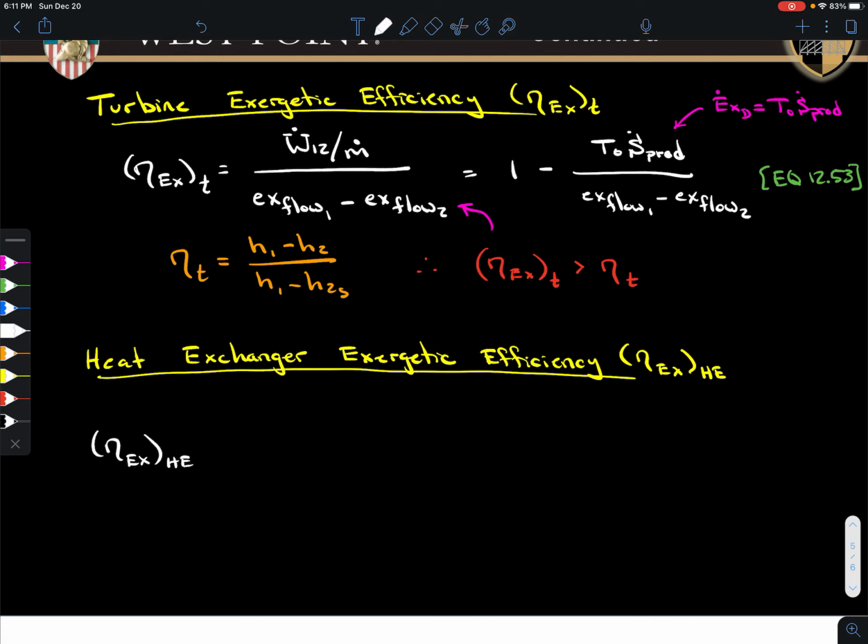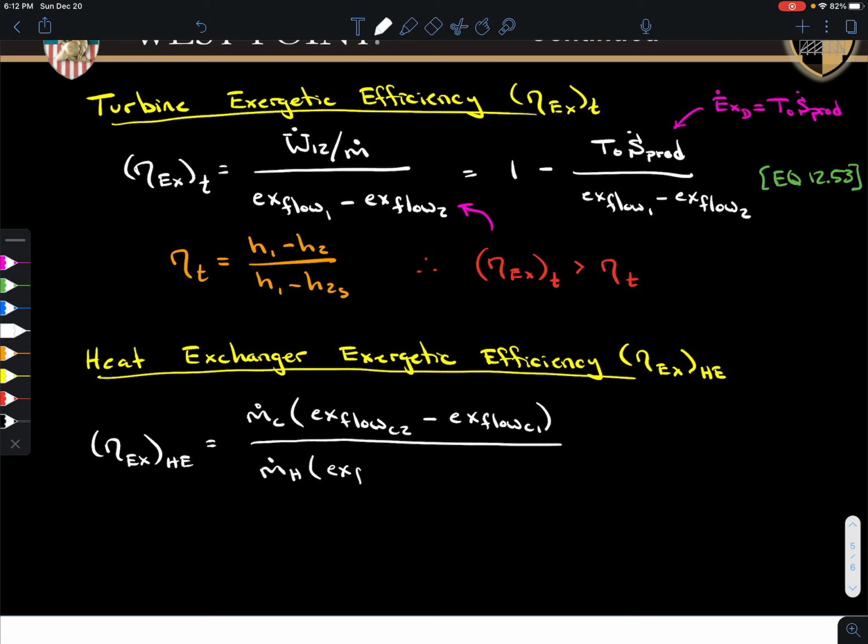Exergetic efficiency of this heat exchanger is then equal to our mass flow rates of the hot line and the cold line. In the numerator, it's the cold line. So exergy flow of our cold line, so C2 minus exergy flow C1, divided by our hot line H.